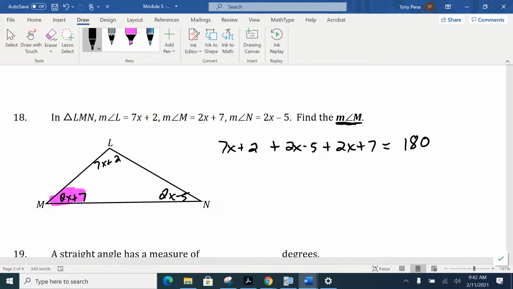And then combine your like terms. So we have 7, 9, 11 x's when we add up all of our x's. And then when we do our constants, the positive 2, the negative 5, and the 7 would make positive 4. So 11x plus 4 equals 180.